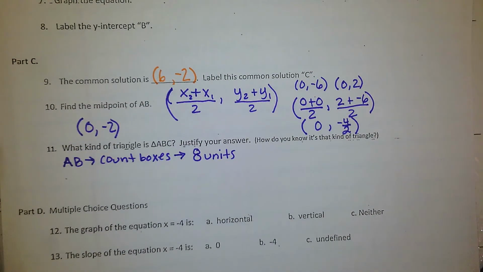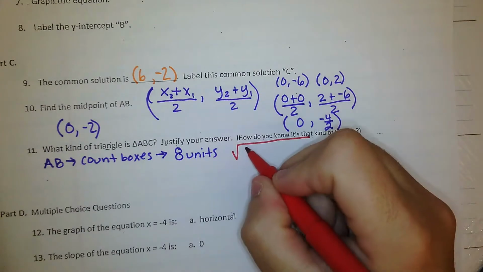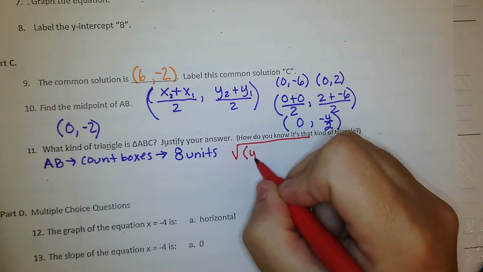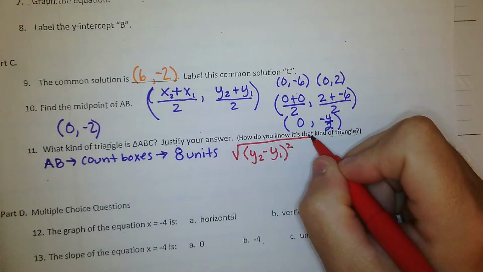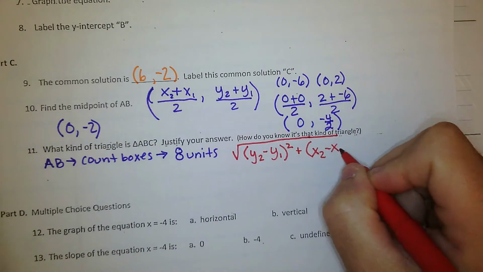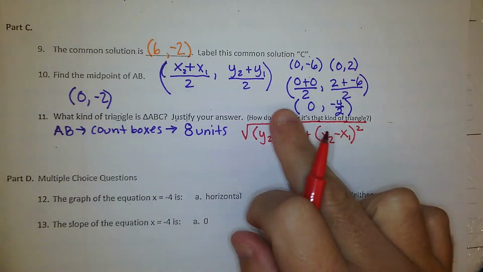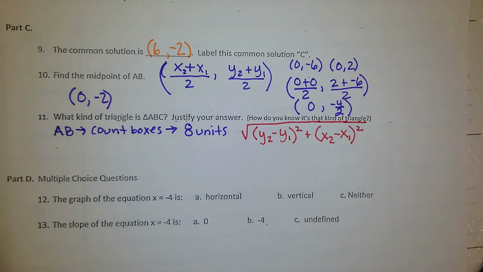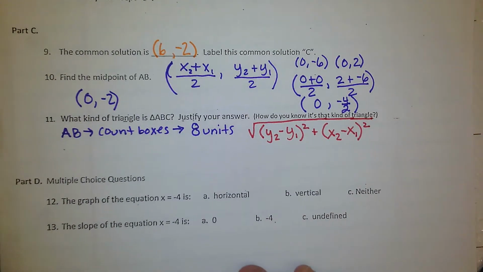So the next step is we're going to look at the distance formula. Remember our distance formula from last lesson was y2 minus y1 squared plus x2 minus x1 squared. And don't forget the big square root there. So there's my formula that I'm going to use, and I have to do that on BC, and I have to do that on AC.